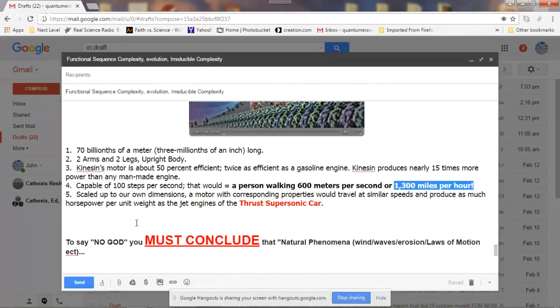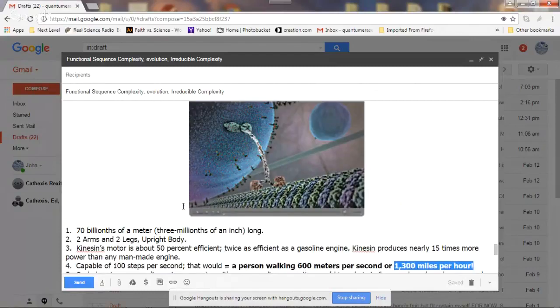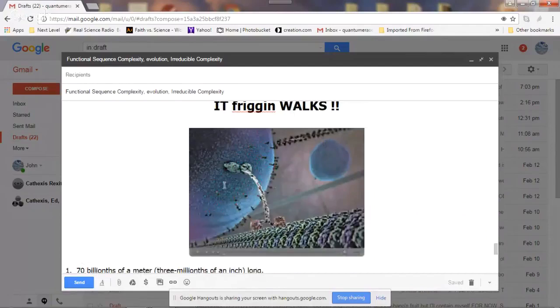Scaled up to our own dimensions, a motor with corresponding properties would travel at similar speeds and produce as much horsepower per unit weight as the jet engines of a thrust supersonic car. This thing's amazing. And by the way, you see that package it's carrying? That thing's date and time stamped. He's already got the location.